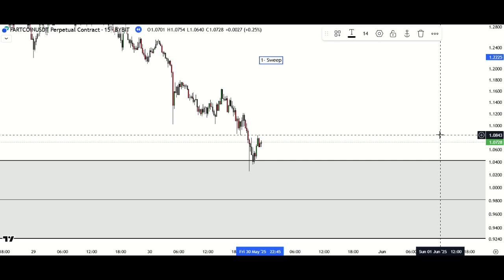First will be a sweep, then a change of character, which means the market goes from bearish to bullish, or from bullish to bearish, basically a change in order flow. And the next thing we're going to look for is a valid order block with a fair value gap.